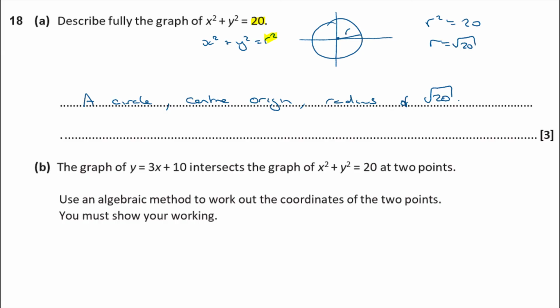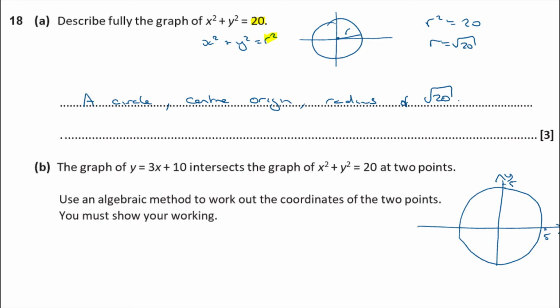So if I was going to sketch this on a graph, then I'd have a circle centered on the origin. Okay, x and y. So that's going to be slightly more than 4, slightly less than 5, isn't it? So 5 is about there.